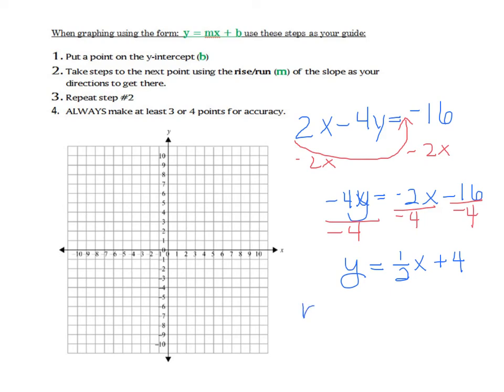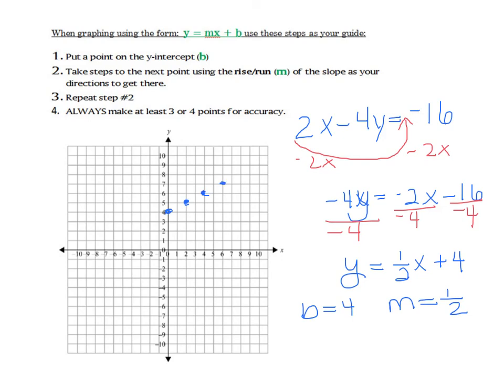So I'm going to start with my b of positive 4, and I have a slope of 1/2. So my starting point is going to be on a positive 4, and I'm going to go up 1 over 2. Up 1 over 2.